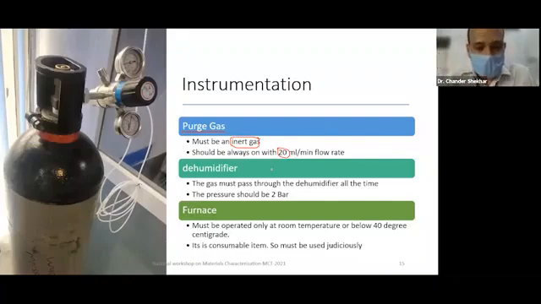This purge gas, being inert, takes out any volatile, corrosive, or gaseous product that is generated from the sample. So this basically prevents long-term damage to the sample.